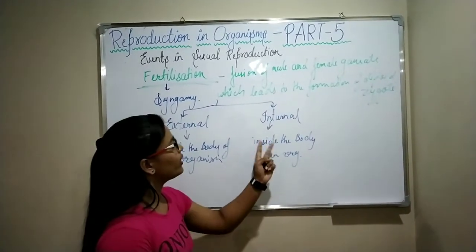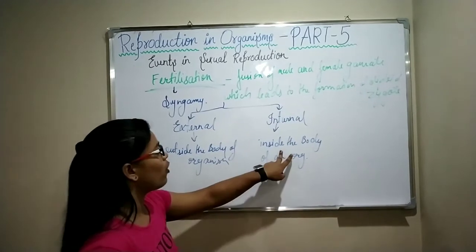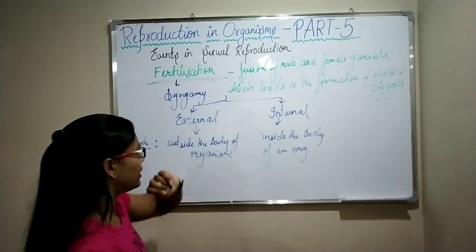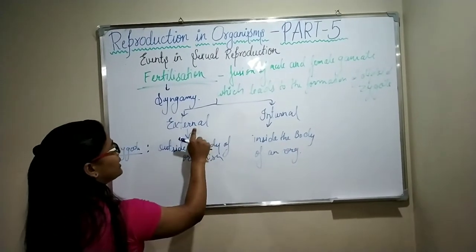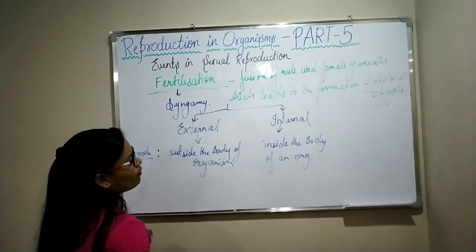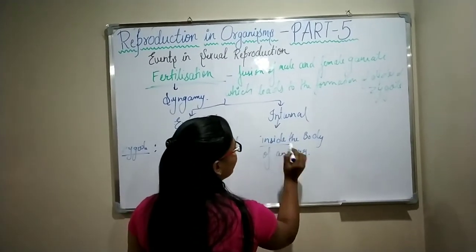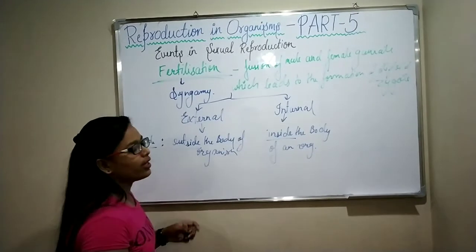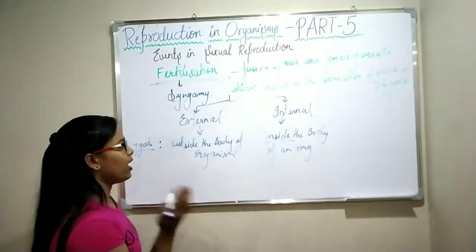And in internal fertilization, the zygote is formed inside the body of an organism. I repeat, external is outside the body of an organism and internal is inside the body of an organism, based on where the zygote is forming.